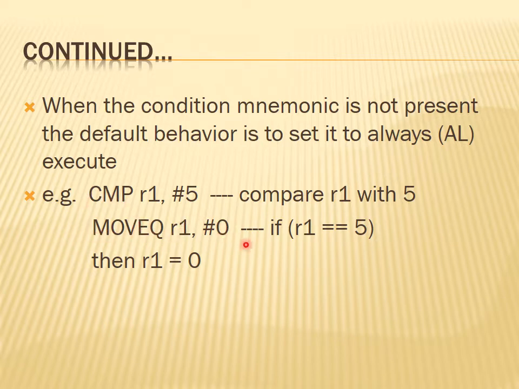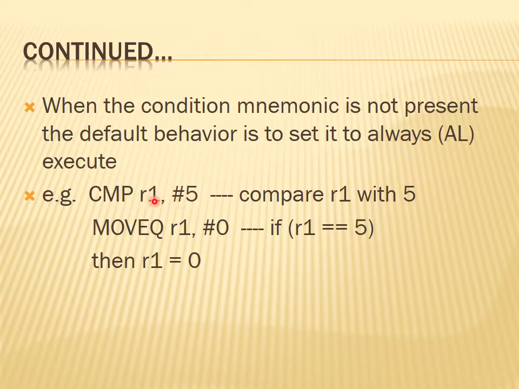So this is a pair of instructions, and the condition is embedded, or postfixed, into the basic instruction. MOV is the basic instruction. EQ stands for equality. This is to be added to the basic instruction, so this becomes a conditional execution.